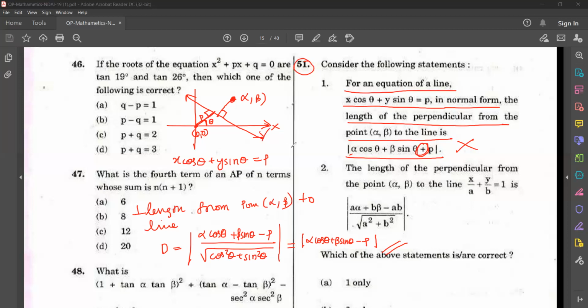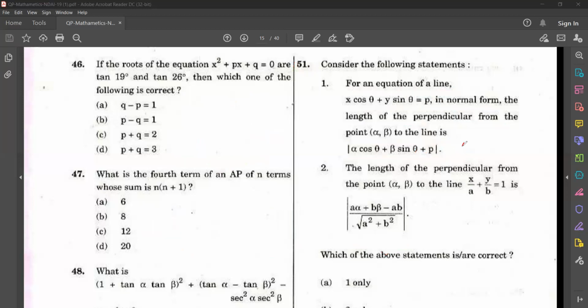Okay. Now come to the next statement. The first statement we have got as wrong. Length of the perpendicular from point alpha comma beta to the line x by a plus y by b is equal to 1.